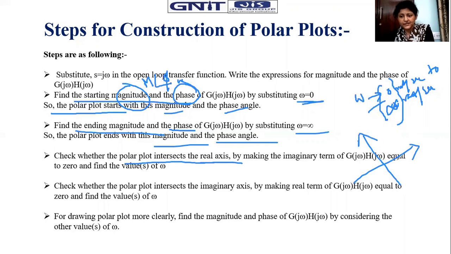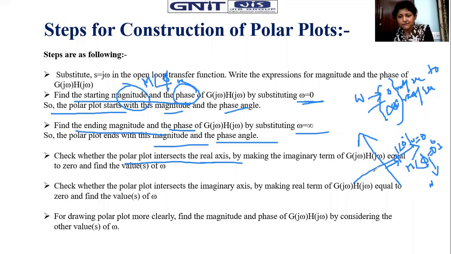Suppose for omega equals 0, we find 0 degree with unity magnitude. As a rough sketch, there is 0 degree, a representation in polar form. Avoiding all intermediate values, omega is going from 0 to infinite.